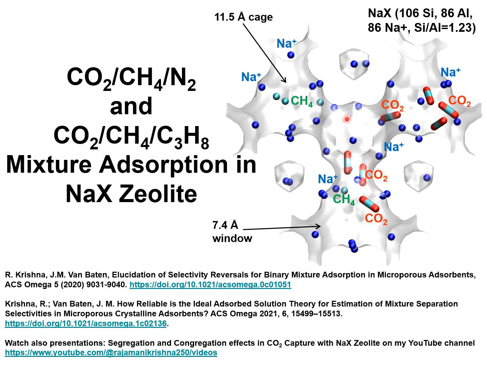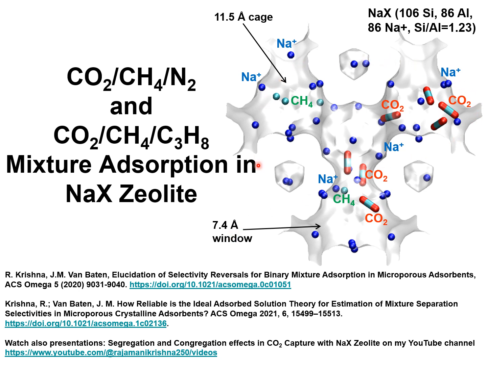The cages of 13X or NaX zeolite have a diameter of about 11.5 angstrom. Each cage is connected to adjacent cages by a window whose aperture is 7.4 angstrom.